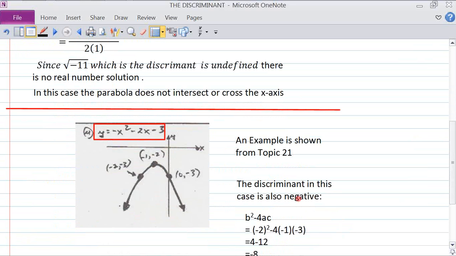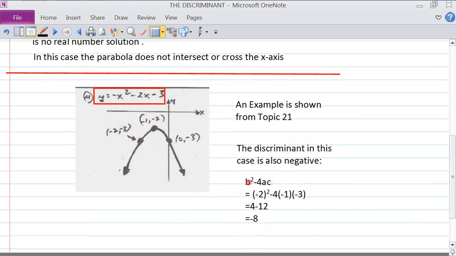Now here's an example. It's taken from the next topic, topic 21. But this is a graph here, y equals minus x squared minus 2x minus 3. We calculate the discriminant, which is b squared minus 4ac. That's what the discriminant means.